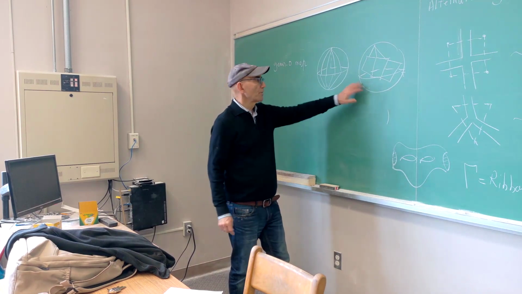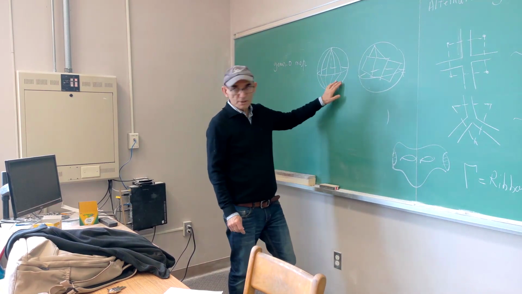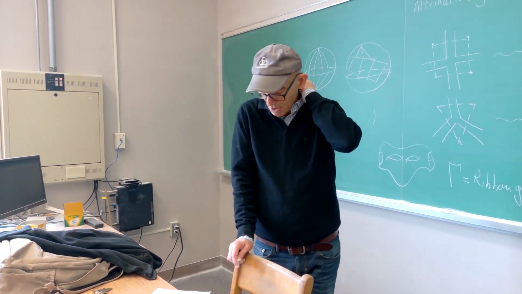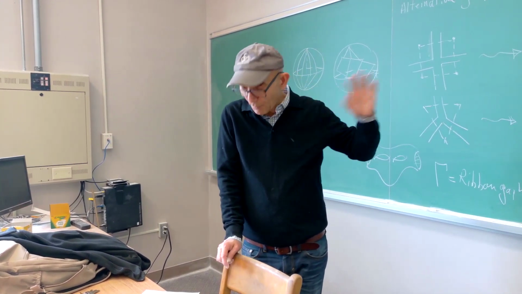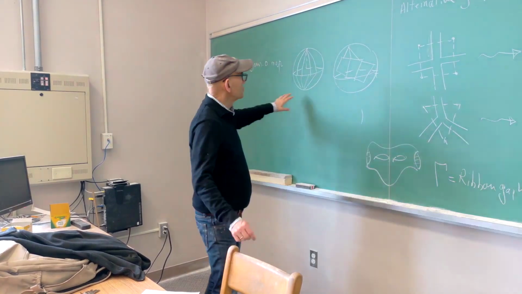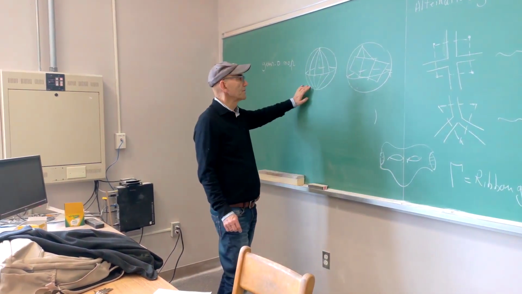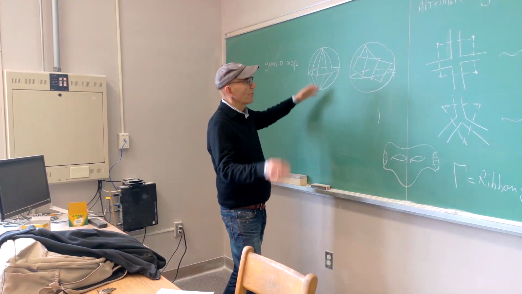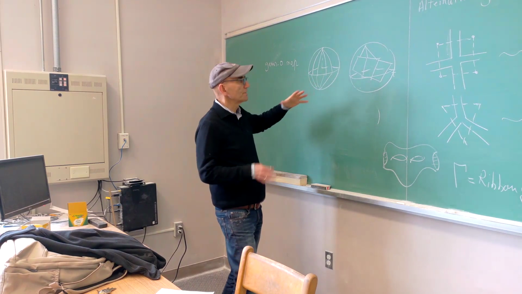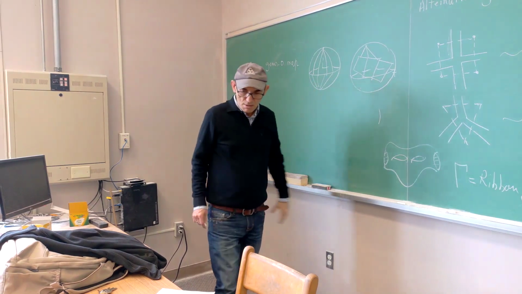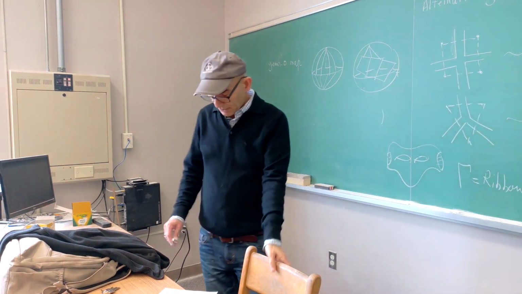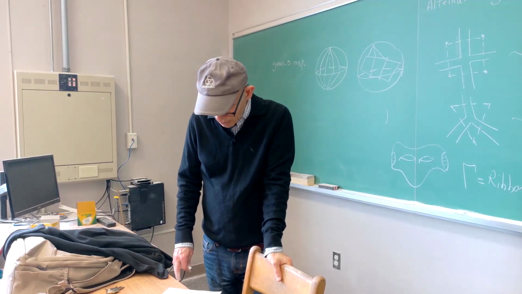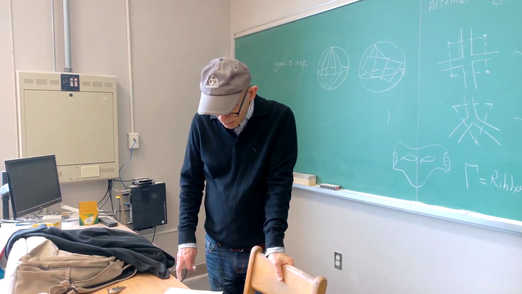So there is some combinatorics involved with this, which I'll get to later on. In terms of counting how many polygonizations are possible, how many different triangulations you have with a certain number of triangles, a certain number of edges, a certain number of vertices, these are very interesting combinatorial problems, but I don't want to discuss it now.